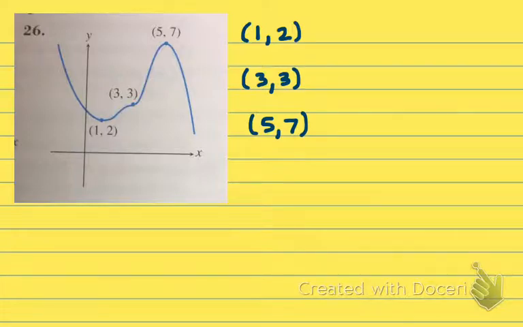And it doesn't have to be for a big interval, it just means in some little neighborhood around that point it is the lowest point there. So if you think about tracing this function coming from the left, we are decreasing until we get to (1, 2), and then when we leave (1, 2), we're increasing. So that makes (1, 2) a local min.